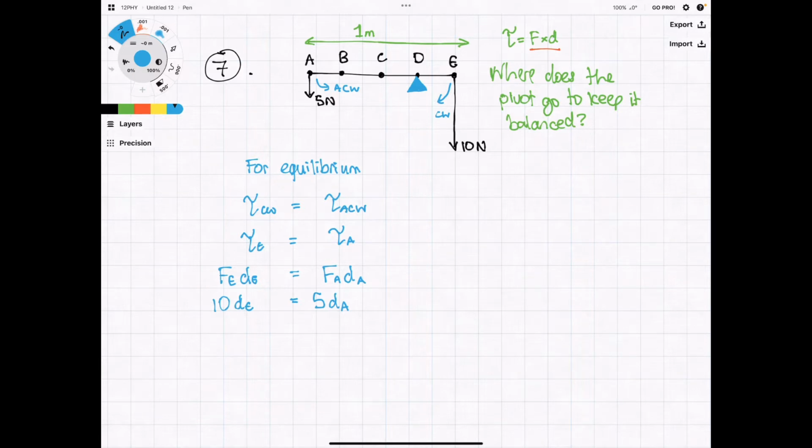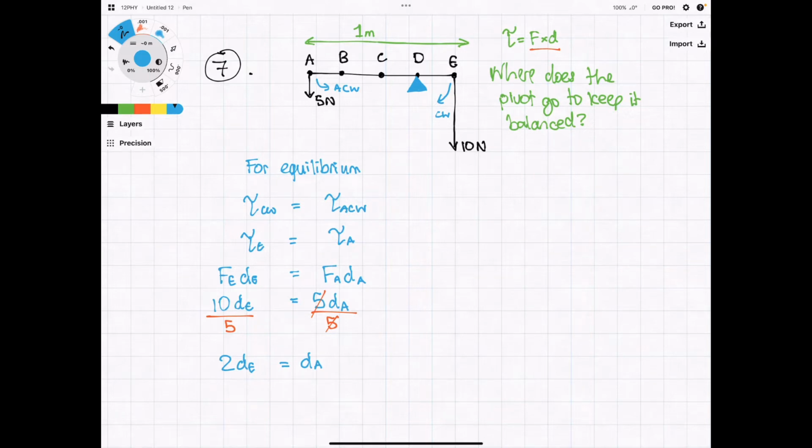We're getting there. Let's try to simplify it down, so we'll divide both sides by 5. This becomes 2 DE equals DA.